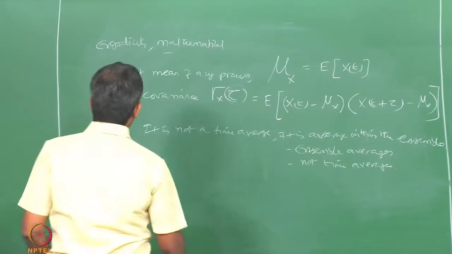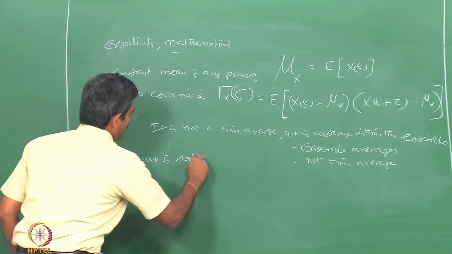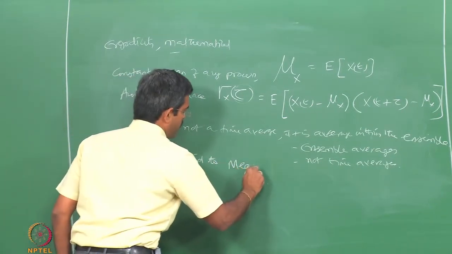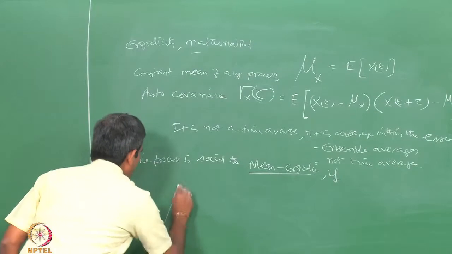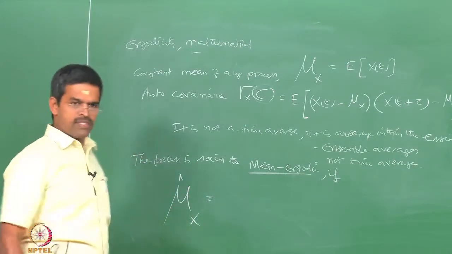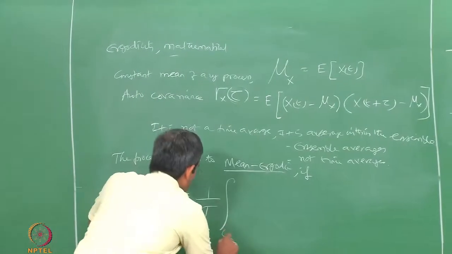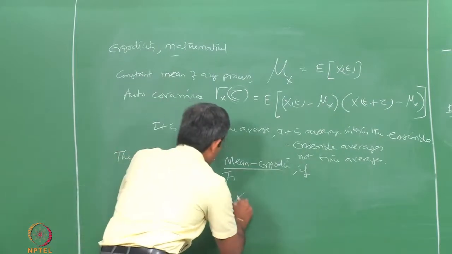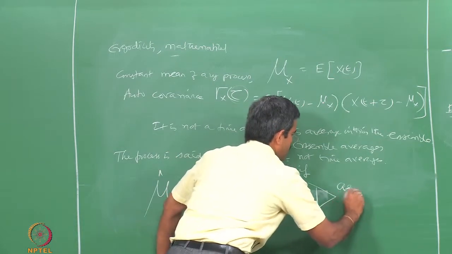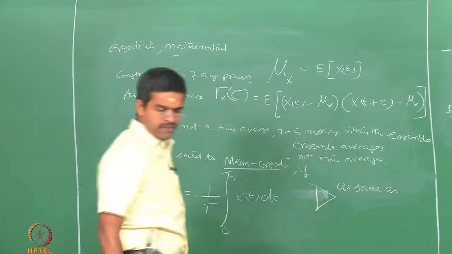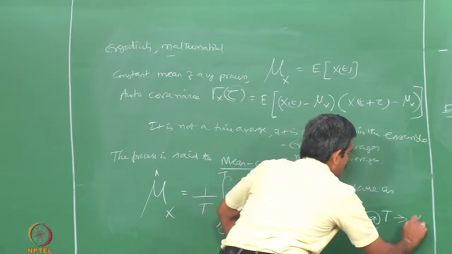Now, the process is said to be mean ergodic if mu hat of x, which is of that of the process, is 1 over T, integral from 0 to the record length T of x of t dt, which is the same as mu of x as T tends to infinity.